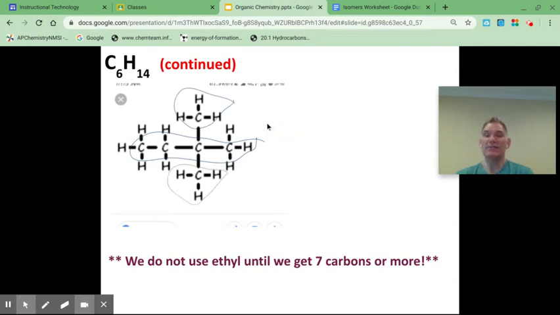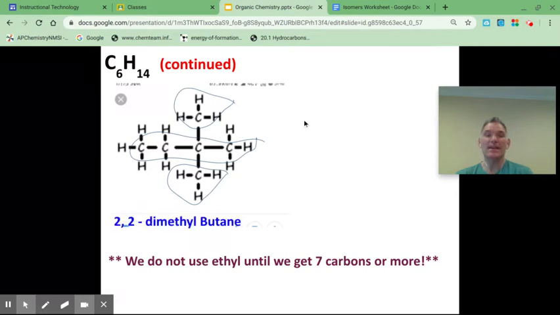I have 2 methyls on the same carbon. So this is a 1,2 or a 1,2,3? That's right. Has to have the lowest number, so it's a 1,2. So this is a 2,2-dimethylbutane.